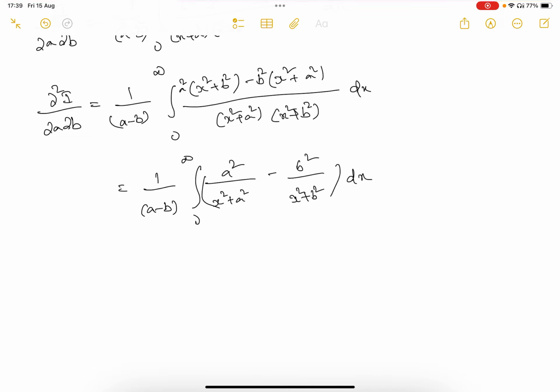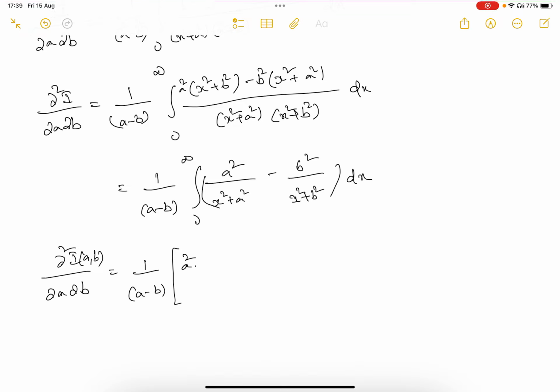Then let's integrate this. Dou square I by dou a dou b. You must remember this is a function of a comma b. Right? Then this is 1 by a minus b into, as you can see, a square you can keep out of the integral.